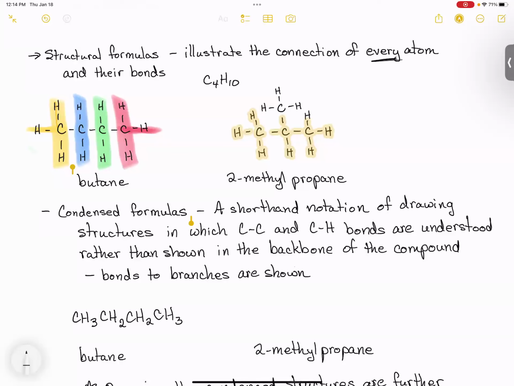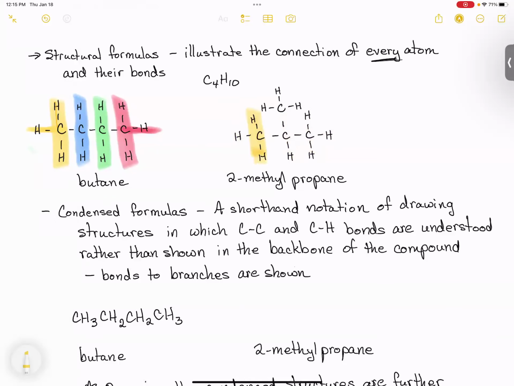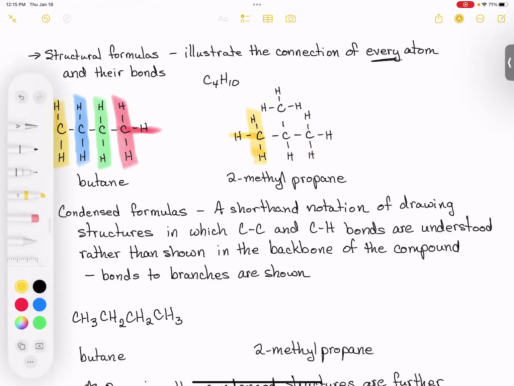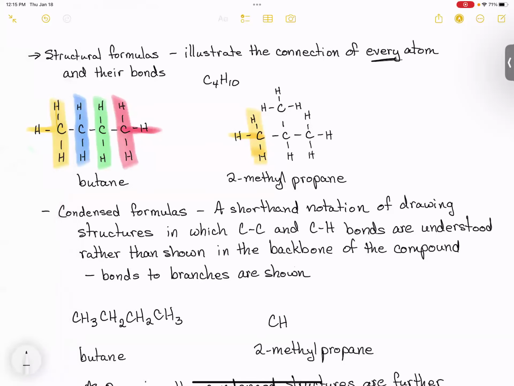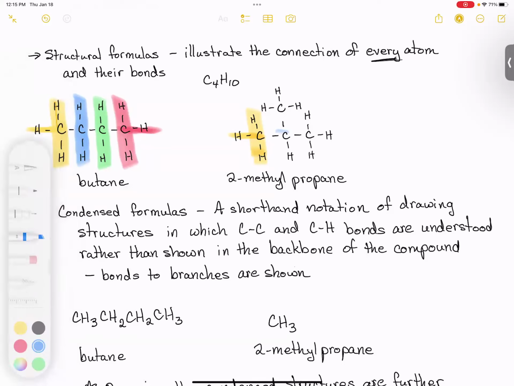Let's look at the 2-methyl propane and do the same type of thing with it. So let's begin with the far left-hand side with the CH3. The next one, this is where it's a little bit different. The next one is going to be simply a CH group.